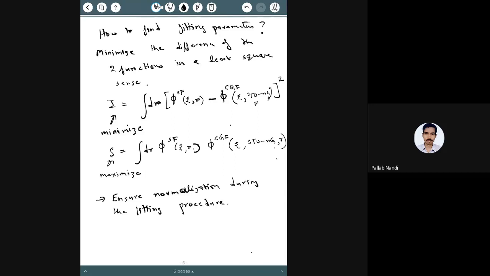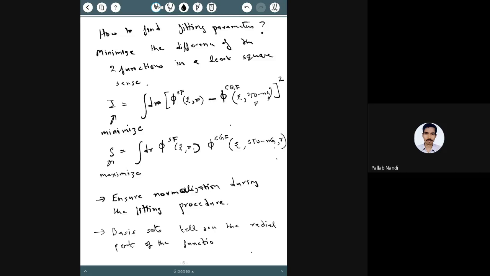Also note that this is only applicable to the radial part. So this whole procedure of basis sets tells you the radial part of the function.